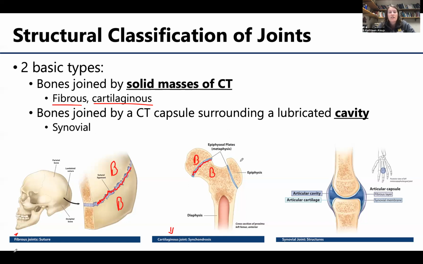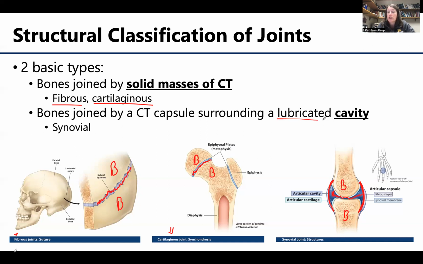Then you have the other type where you have a bone and you have a bone, and these two bones are going to be joined by a connective tissue capsule. It kind of envelops the bone on either side, and you're left with space in between the bones. That's referred to as an articular cavity.